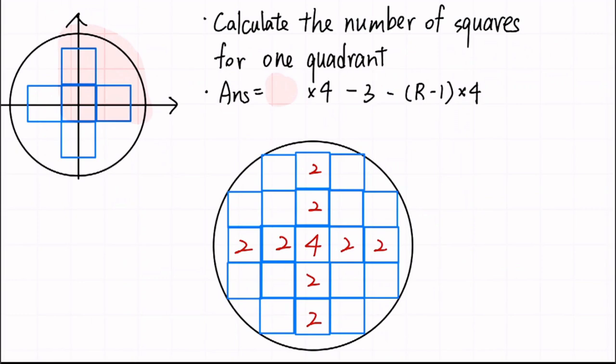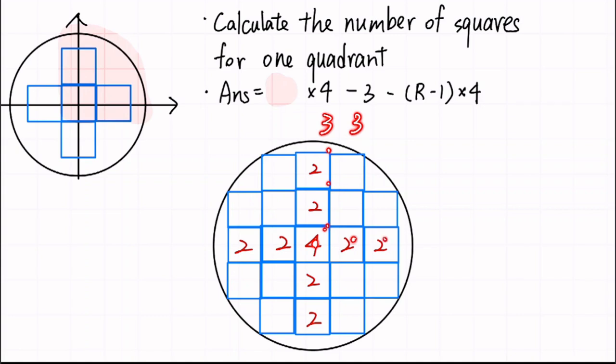So in this case, for x equal to 0, we would increment the count by 3 since there are 3 squares. And for x equal to 1, we would increment the count by 3 as well.